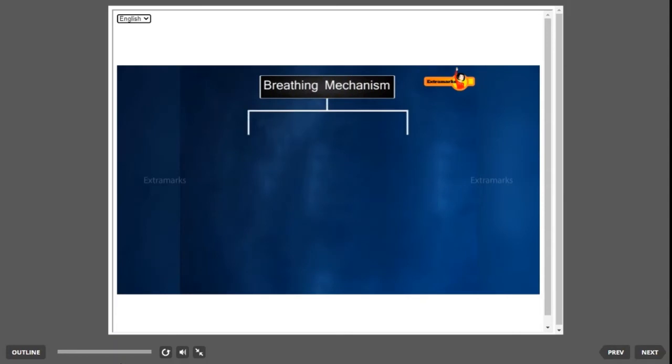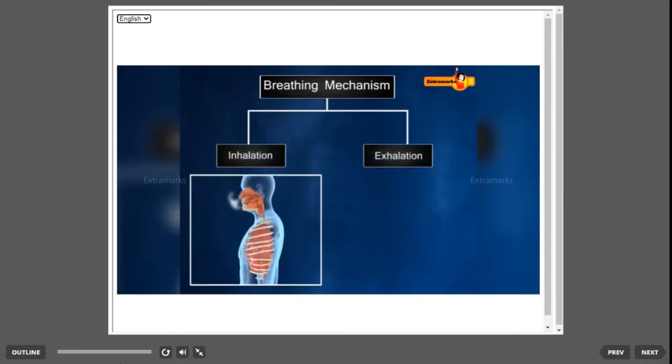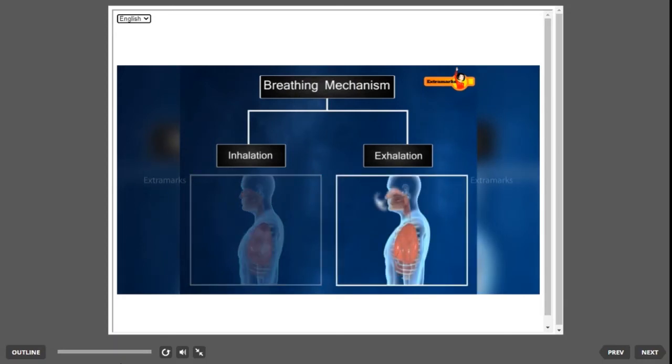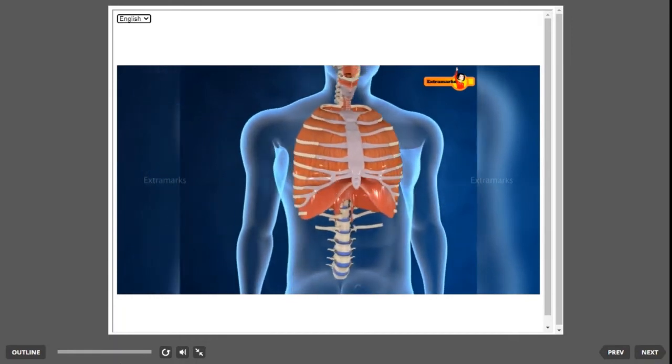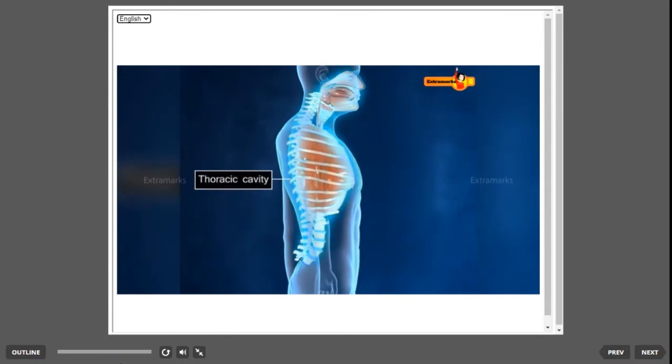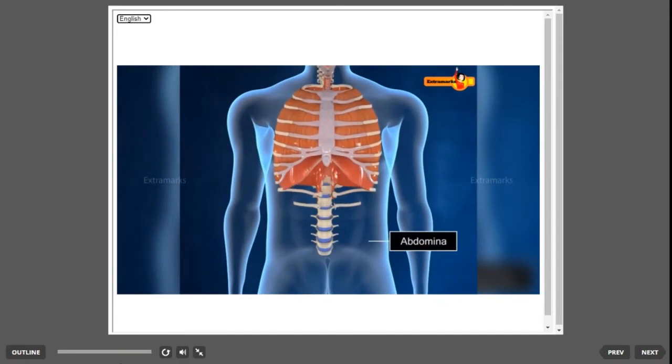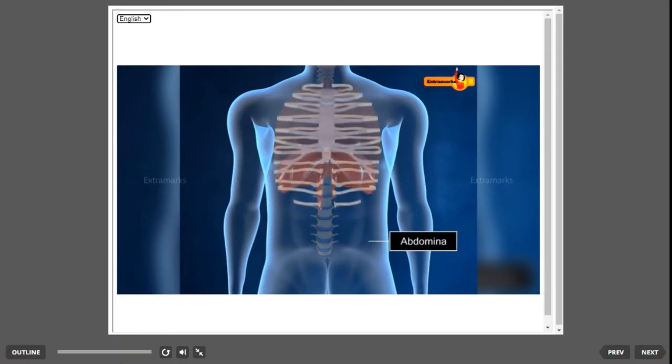Breathing mechanism involves two processes: inhalation or inspiration and exhalation or expiration. Breathing occurs due to changes in the volumes of thoracic and abdominal cavities caused by rhythmic contractions of diaphragm, ribs, and intercostal muscles.